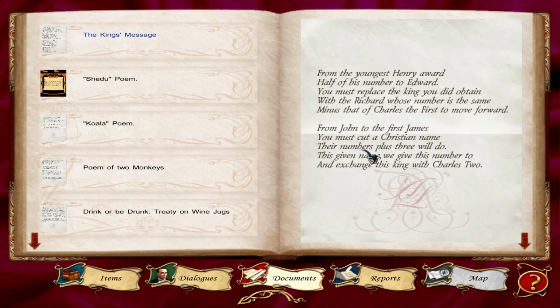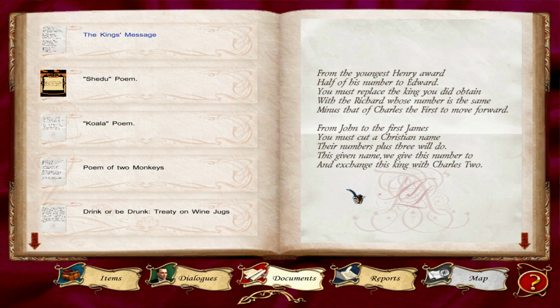From John to First James, you must cut a Christian name. Their numbers plus 3 will do. This given name, we give this number 2. This number plus 3 we will do, and exchange this with King Charles the 2.